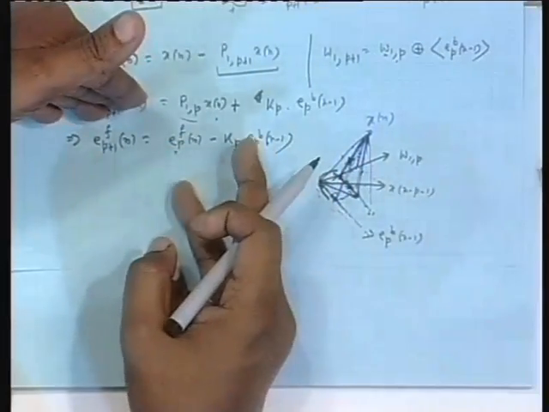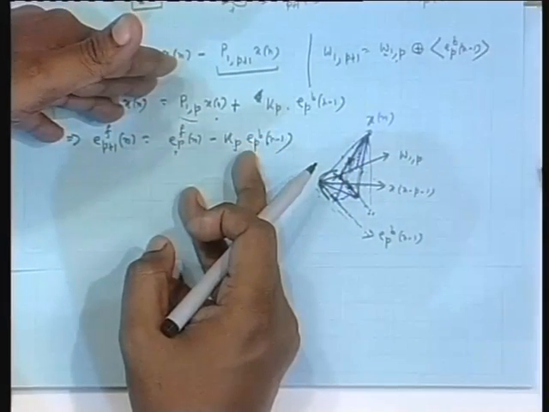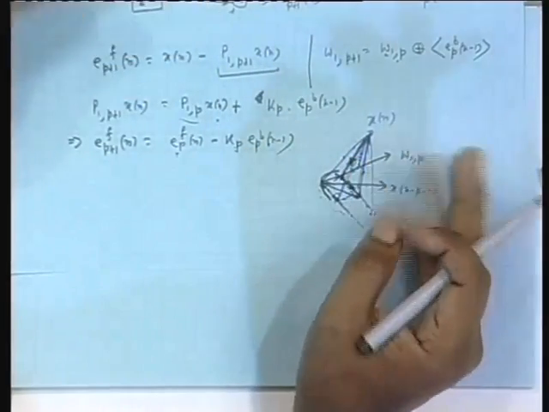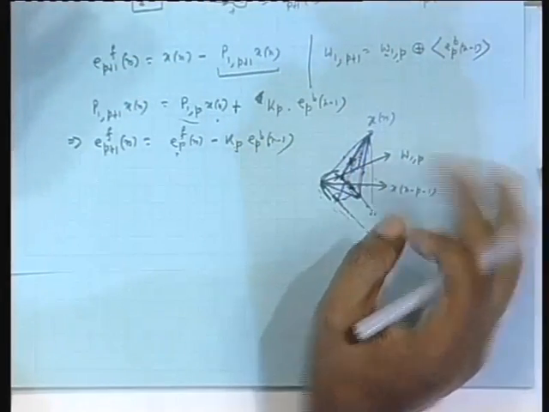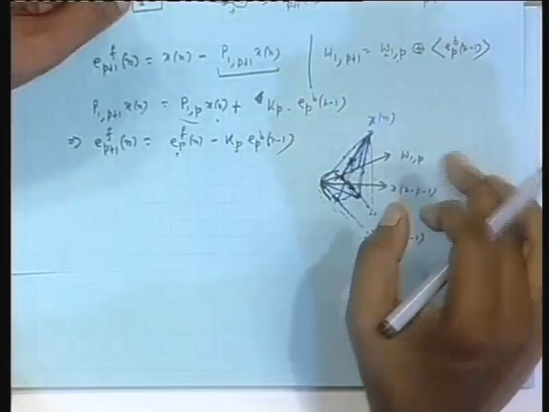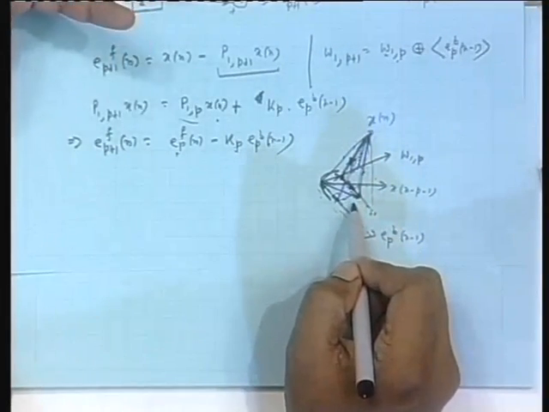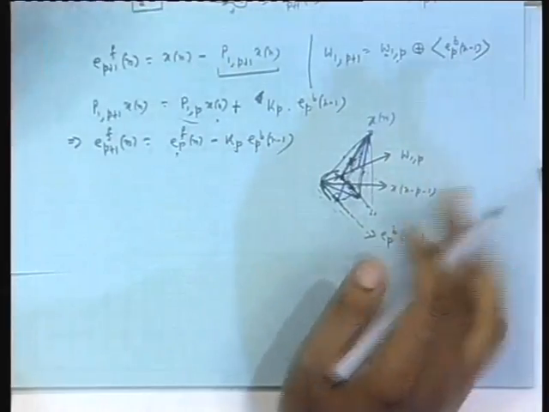You can now verify algebraically also, isn't it? So obviously it will be a quadratic function of k, the norm square of the error vector, and it will be minimum only when I am here, because then it will give rise to the projection. And that is what you can easily see.